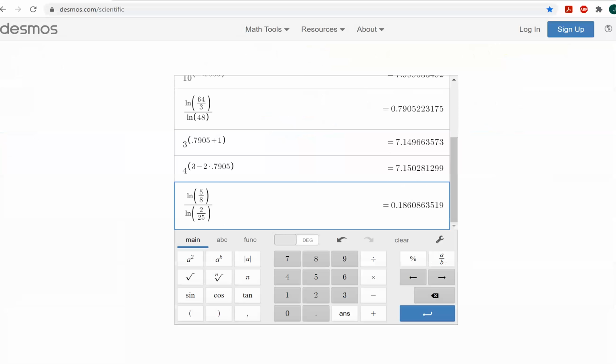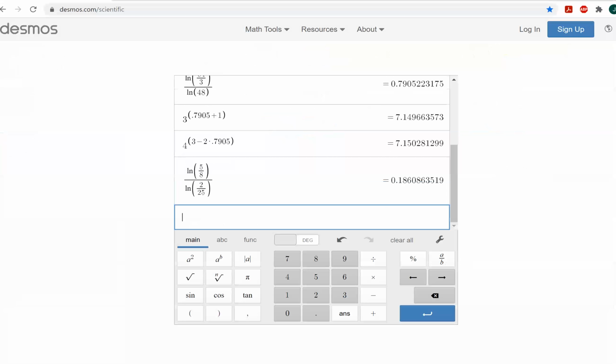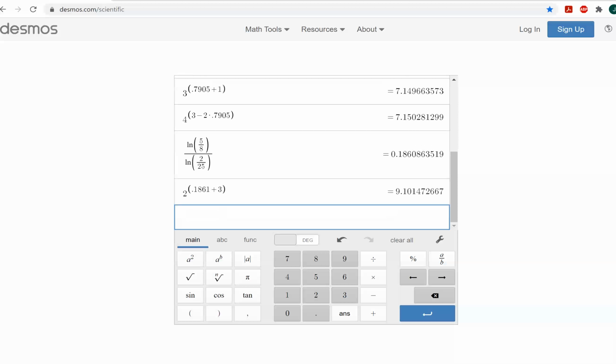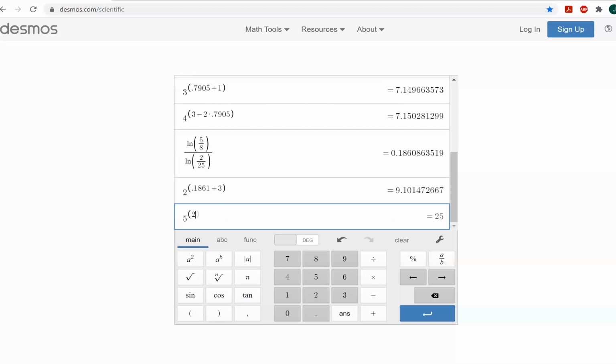With these, especially after all of that work that we just did, I really recommend checking your solutions just to know with 100% certainty you have it right. All right, there's our value with 2, and then with a base of 5, we'll have 2 times that 0.1861 plus 1. And super close there.